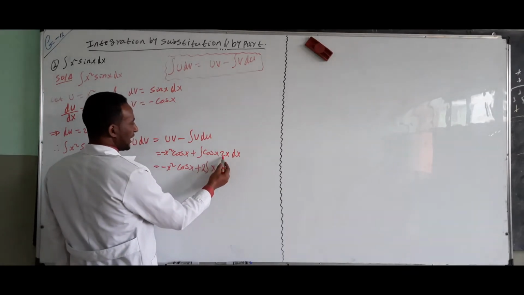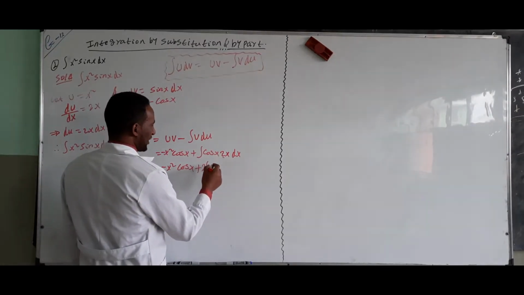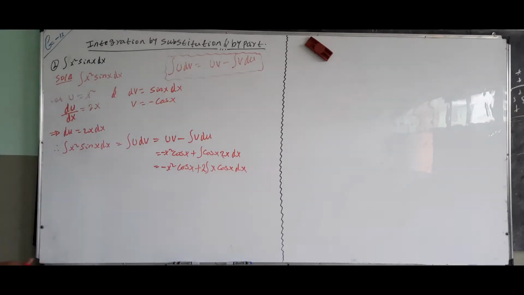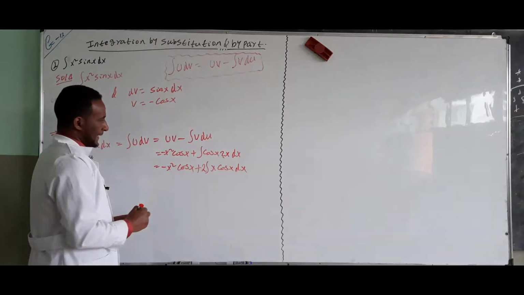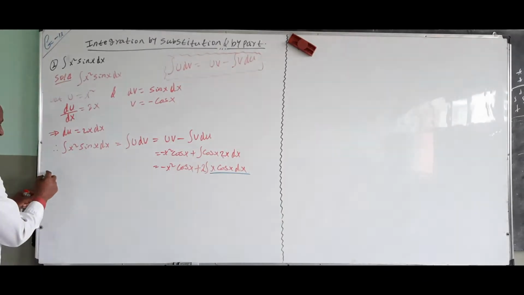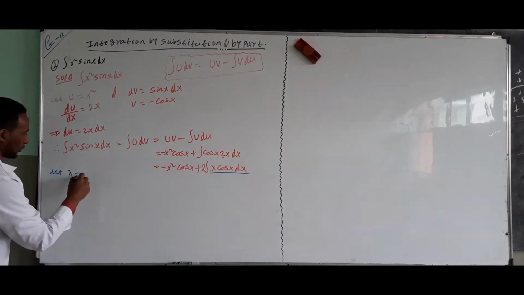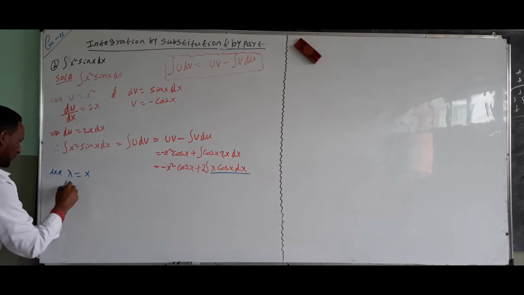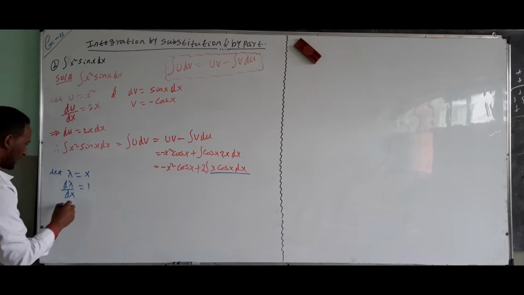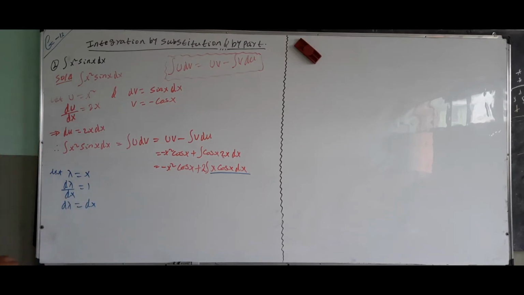2. We can take these constants out of the integral sign, then x cos x dx. Now we can use integration by parts one more time. Let lambda is equal to x, d lambda with respect to x is equal to 1, then d lambda is equal to dx.